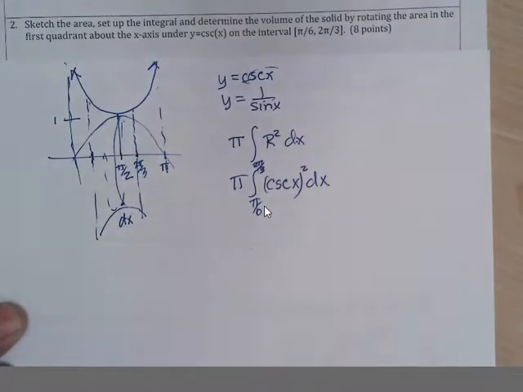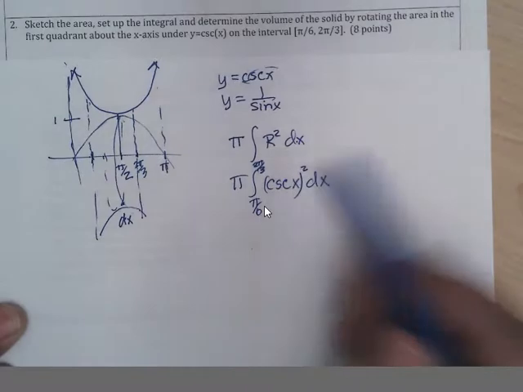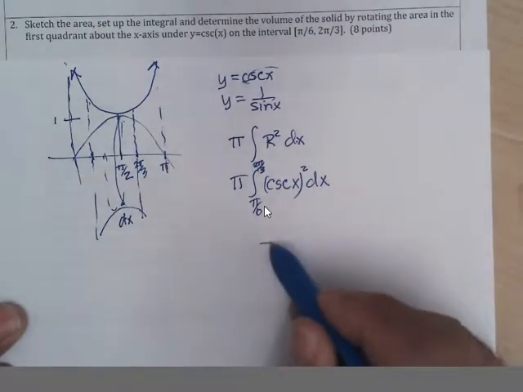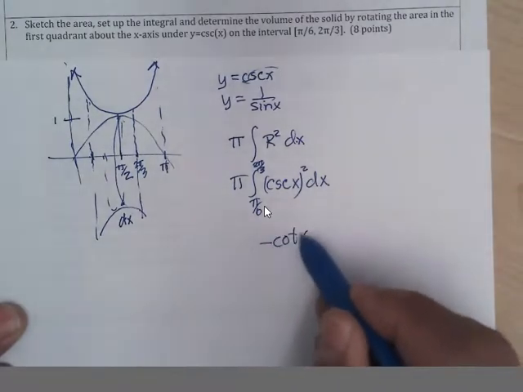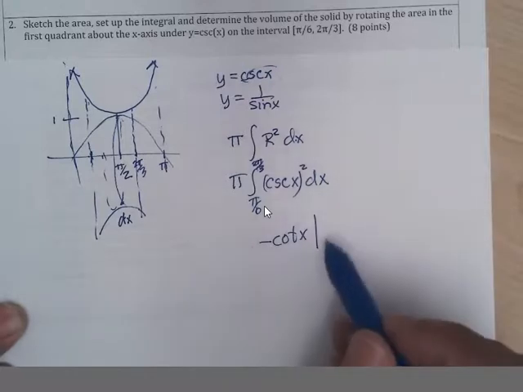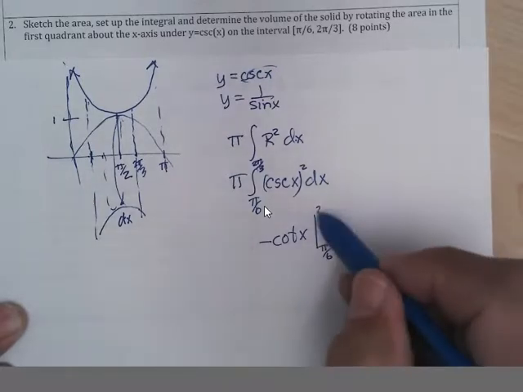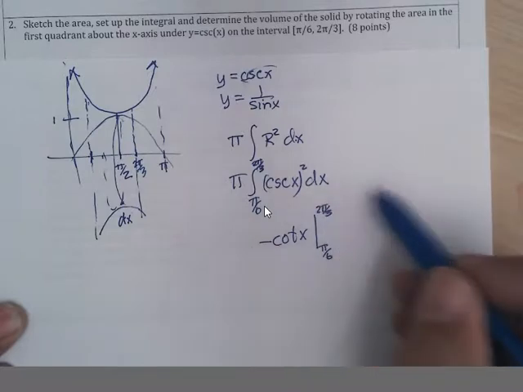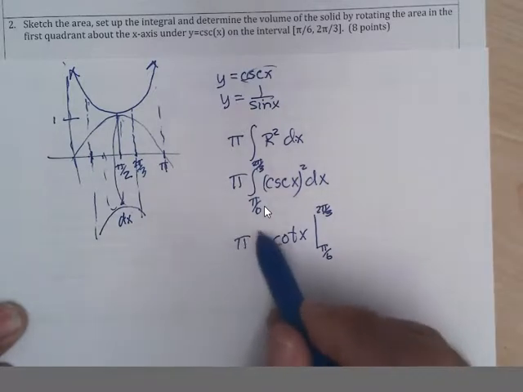And the antiderivative of cosecant squared is negative cotangent x, evaluated from pi over 6 to 2 pi over 3, and times pi.